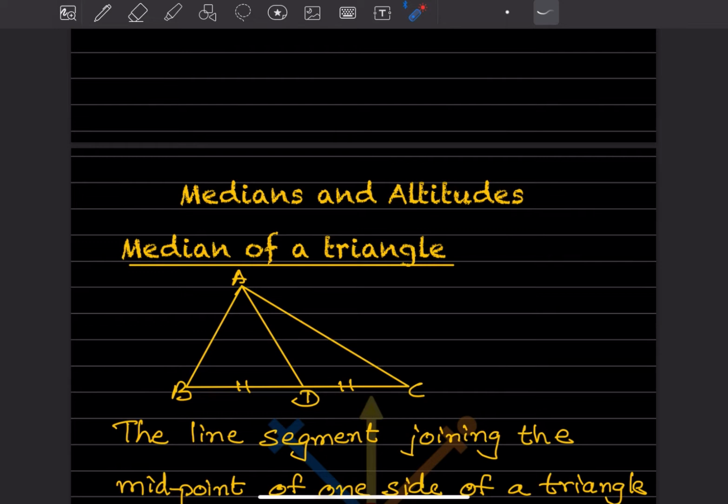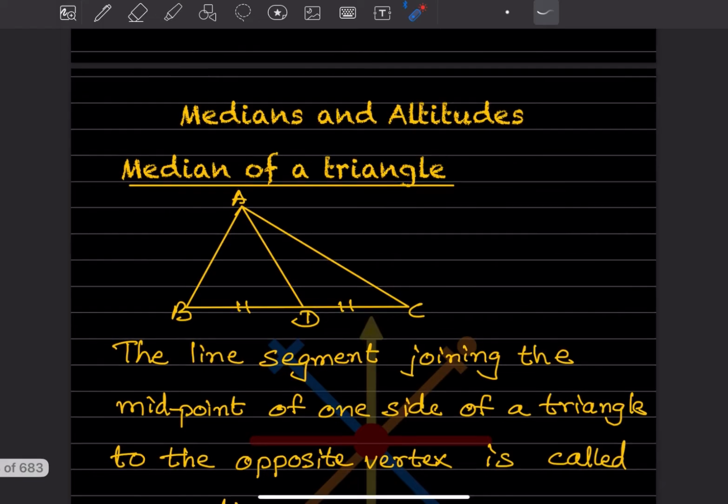So now let us see the main things in this one. We will come across the medians and the altitudes. You should know the difference between both of them. Now this is a triangle, so we'll see the median of a triangle. This is AD, and BC is the base. This point D is the midpoint of it.